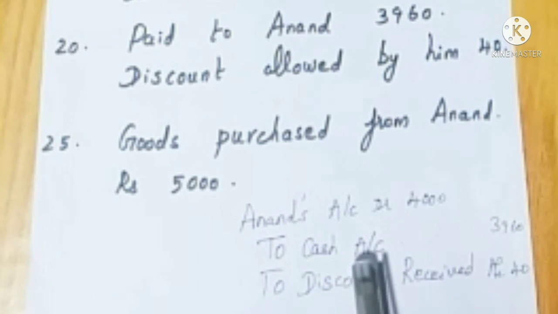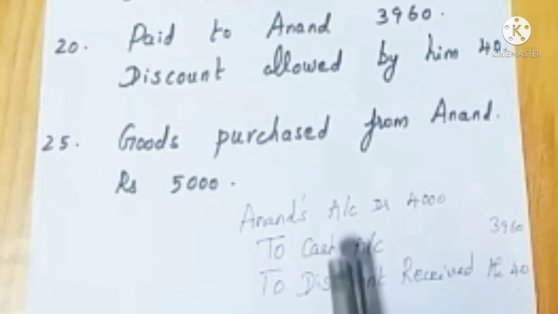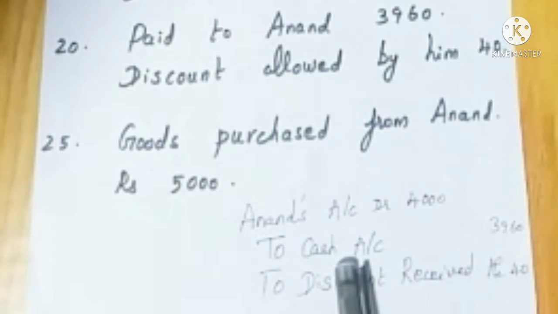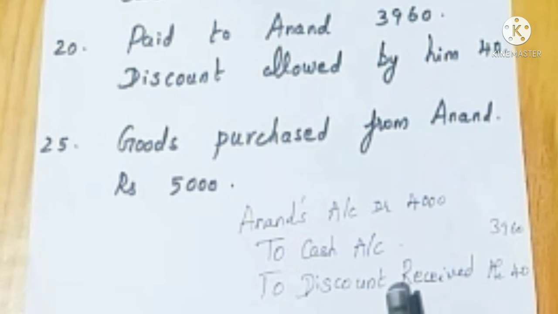Then cash is going out of the business, so cash account is credited. Debit the receiver. That's why Anand's account is debited. Cash is going out. As per the real account rule, credit what goes out. So cash account is credited. Discount received is an income for us. So it is credited. According to the nominal account rule, credit all incomes and gains.